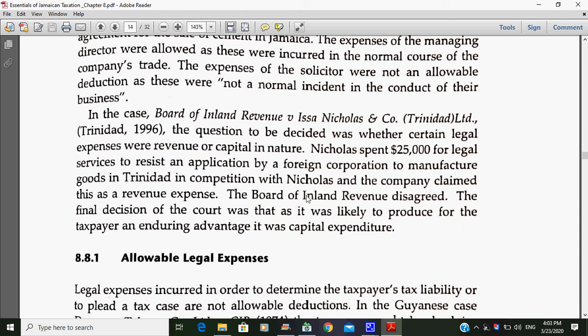The Board of Inland Revenue disagreed. The final decision of the court was that as it was likely to produce for the taxpayer an enduring advantage, it was capital expenditure.